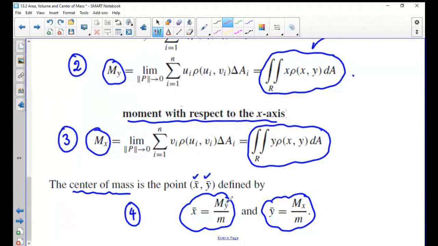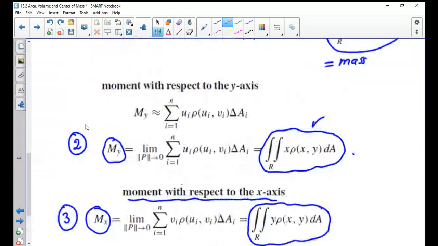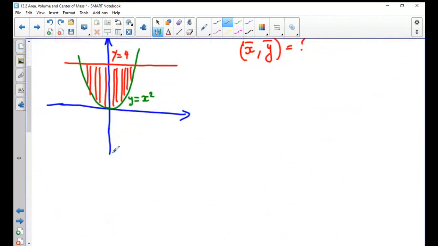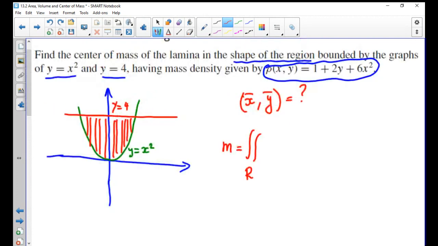Once we have these, then we can find the center of mass x bar and also y bar. So we need 3 calculations. So first, I want the mass m. It will be the integral over R of the density. What is the density here?